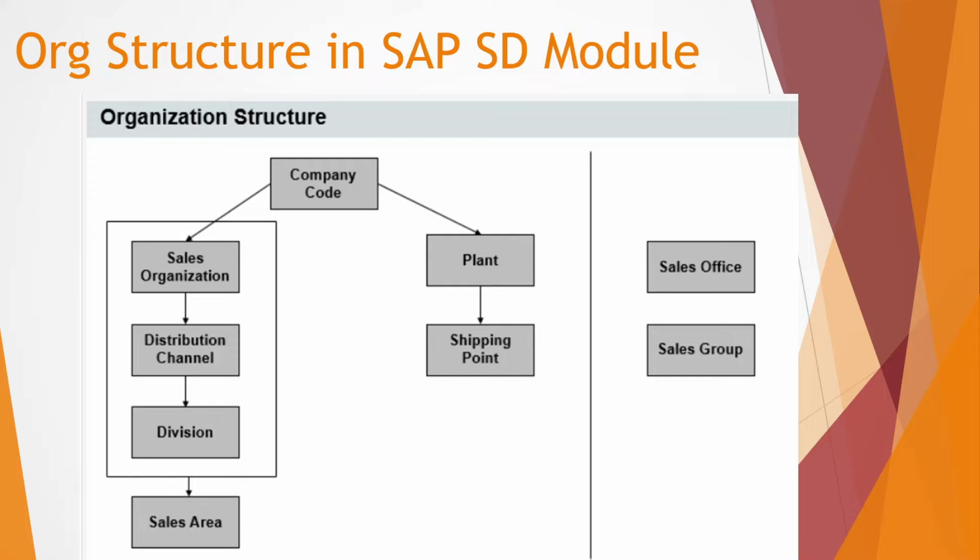Then you also have sales office and sales group. All these things and the relationships between these components along with the company code and other things are what is called your SD org structure, or you can say sales and distribution org structure.